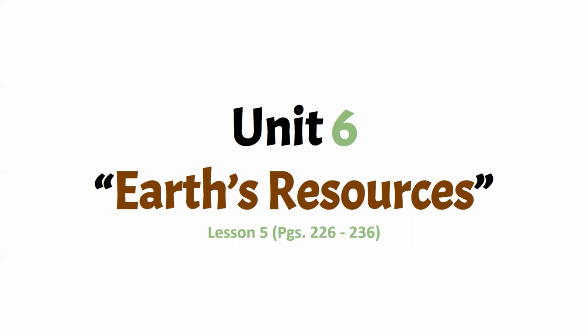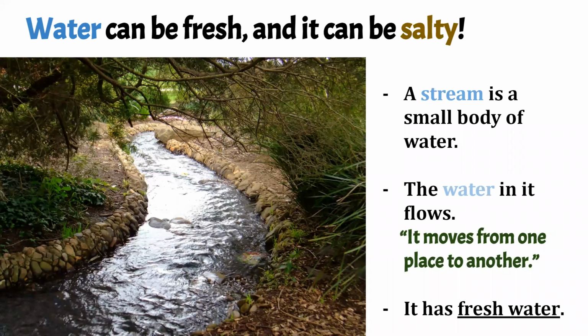Now let's move to lesson 5. We have to talk about water. Remember, we talked about streams, rivers, lakes, and oceans, right? So now let's review the things that we talked about. Water can be fresh and it can be salty, right? So the first thing that we need to know is a stream.